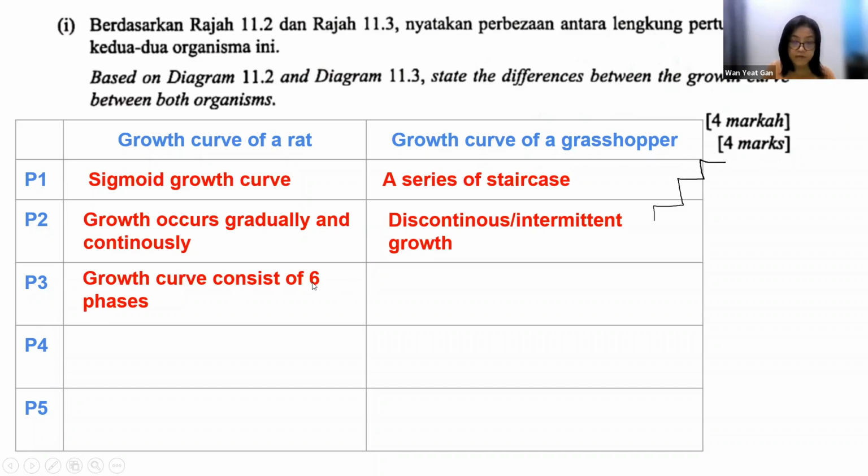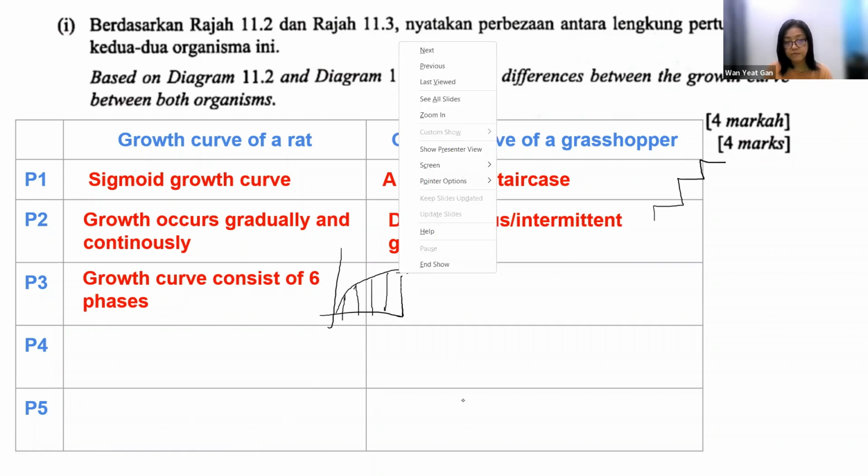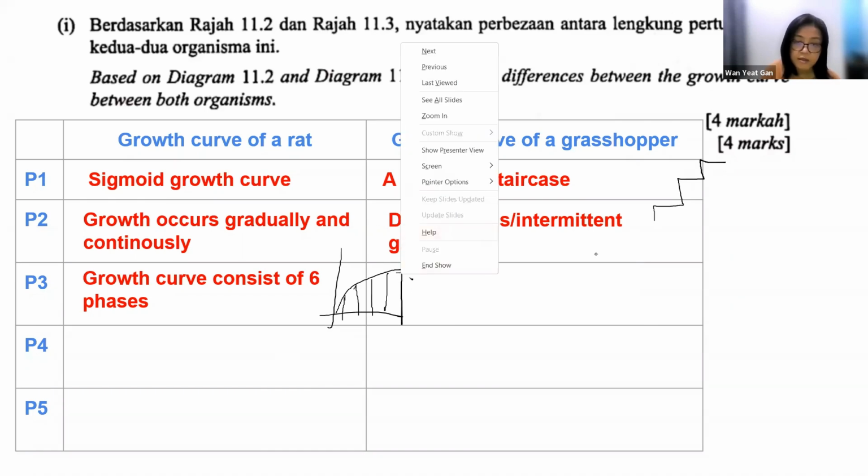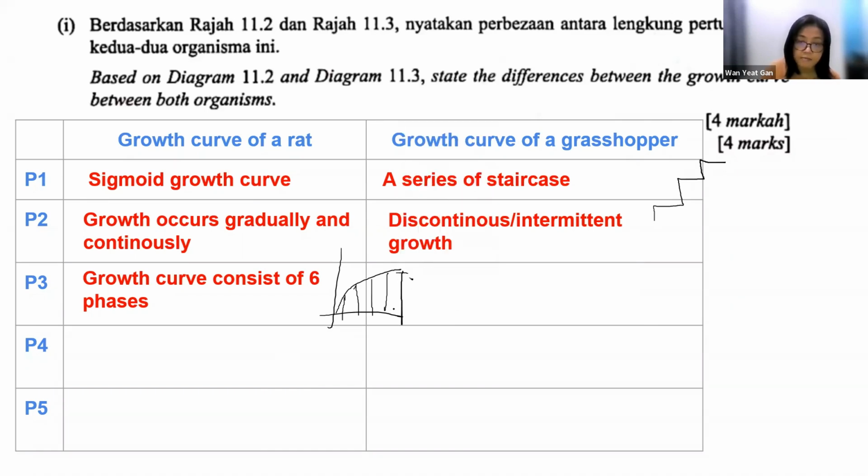The growth curve consists of 6 phases. You can divide it into the lag phase, the exponential phase, the slow growth phase, the maturity phase, and then you have senescence and then aging.